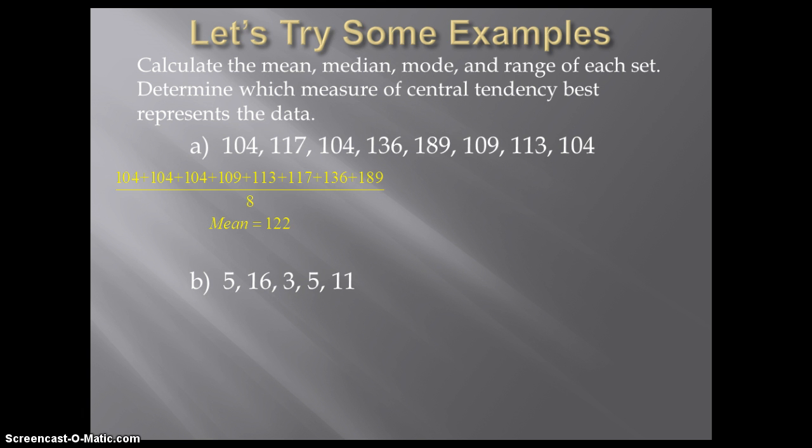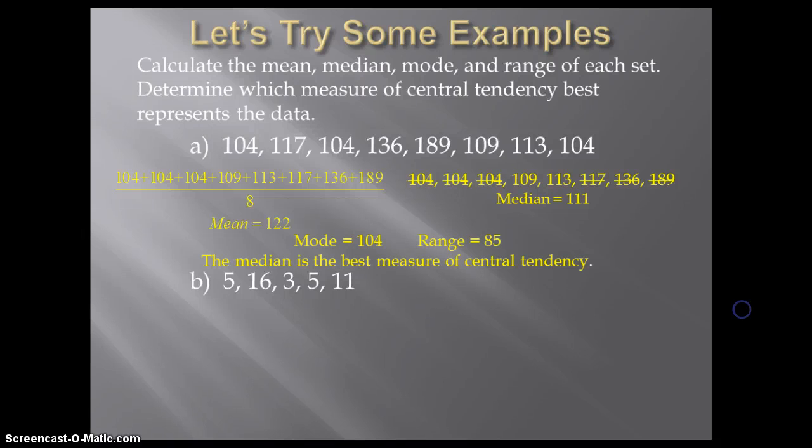For the median, we need to put the numbers in numerical order and then find the middle number, which in this case, there are two middle numbers. So we have to find the middle of the middle. We find the average of 109 and 113, which is 111. The mode is the one we see the most, 104, and our range is our biggest value, 189, minus our smallest value, 104, which is 85.